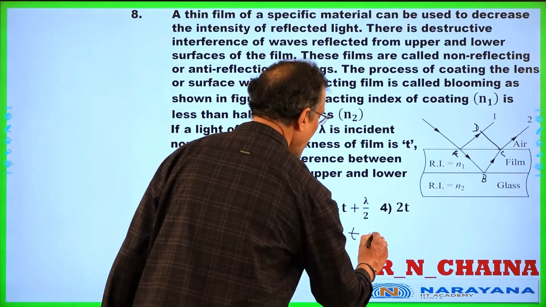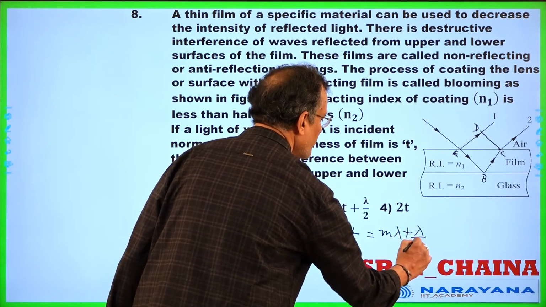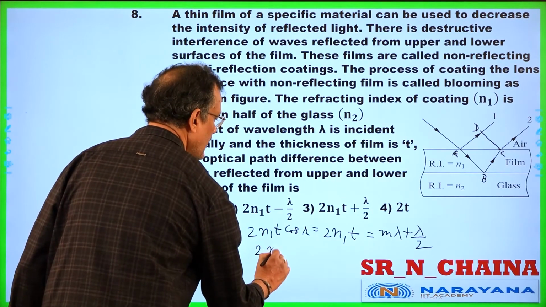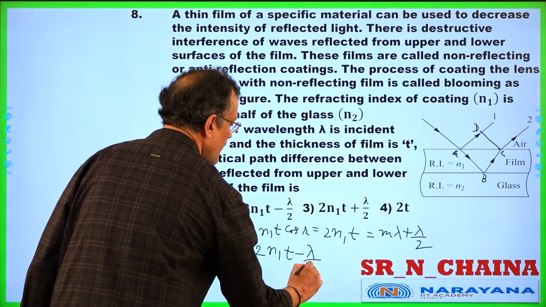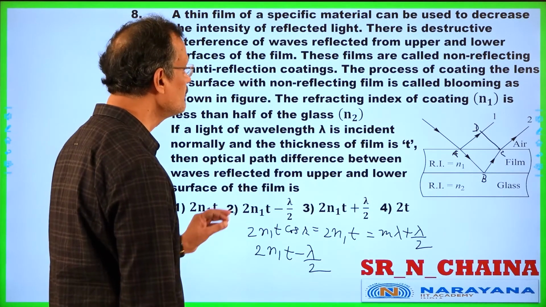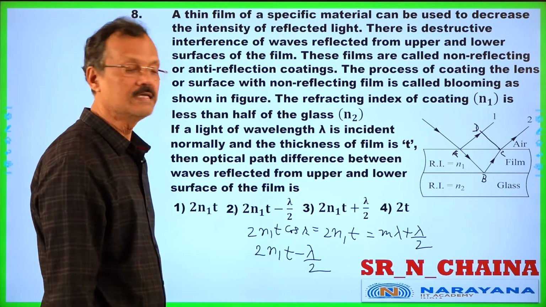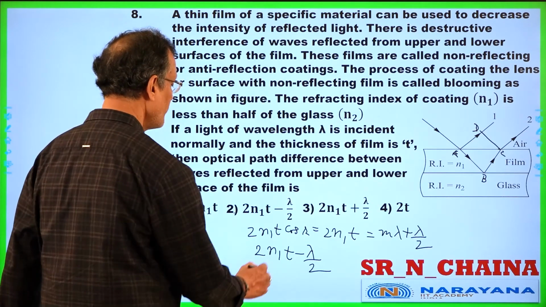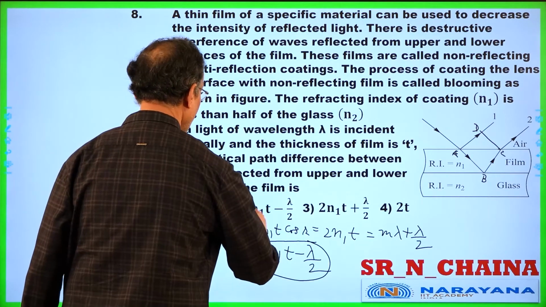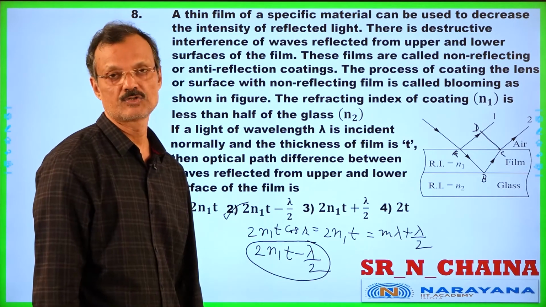So 2 N1 t, you take it as m lambda plus lambda by 2. This will become 2 N1 t minus lambda by 2. So the optical path difference between these two will be 2 N1 t minus lambda by 2. Clear? So the answer will be number 2, 2 N1 t minus lambda by 2.